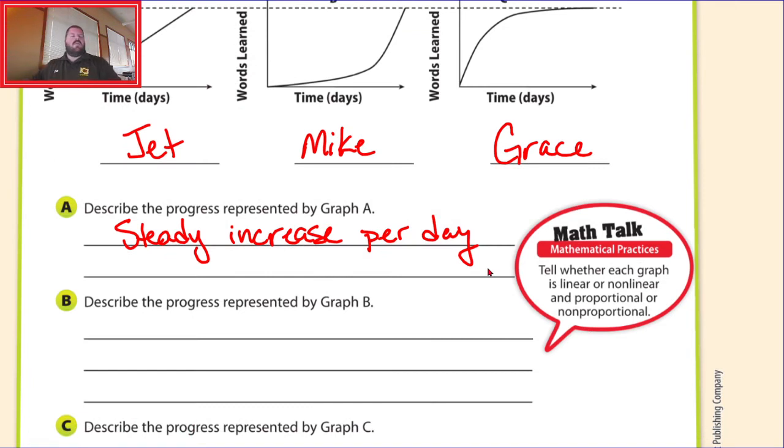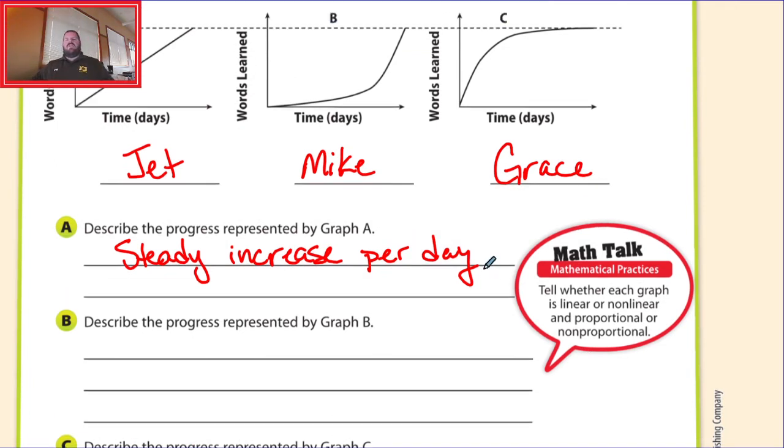Okay. Graph B, how would you describe that? So graph B shows a slow increase followed by a fast increase. Would be the best thing I could think of.